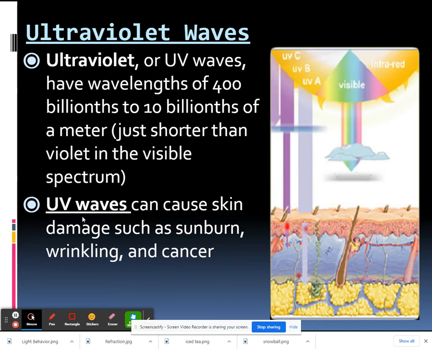Interestingly enough, a little bit of ultraviolet waves is actually very good for you because it promotes vitamin D synthesis within your body, and that's a vital mineral that we need.